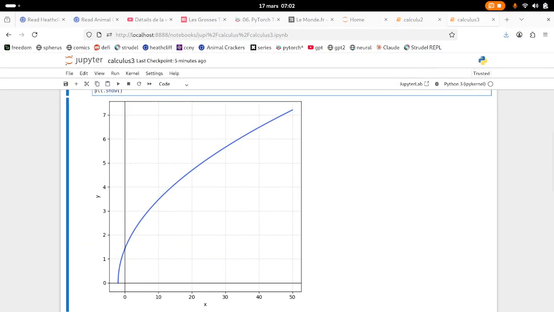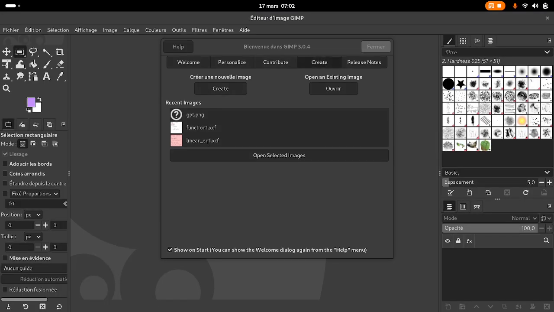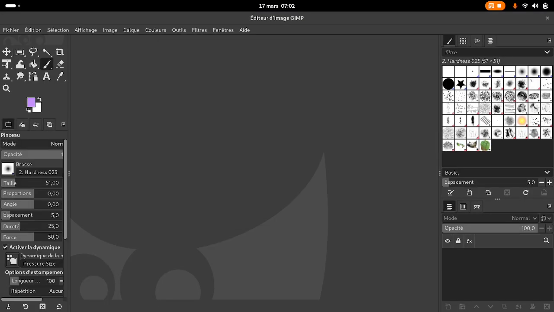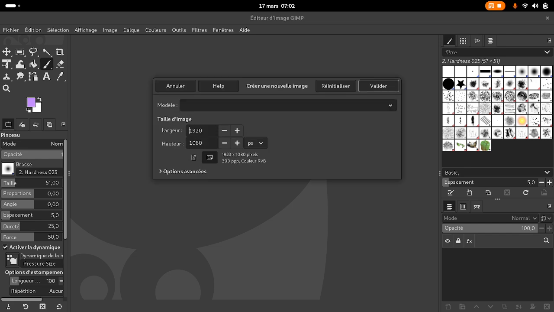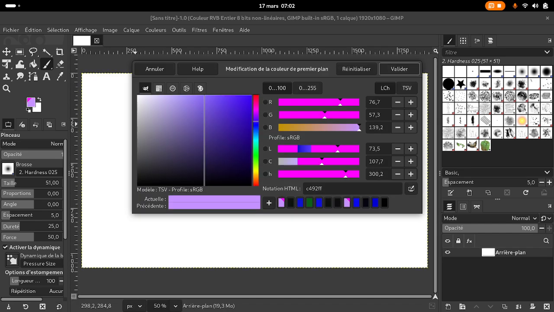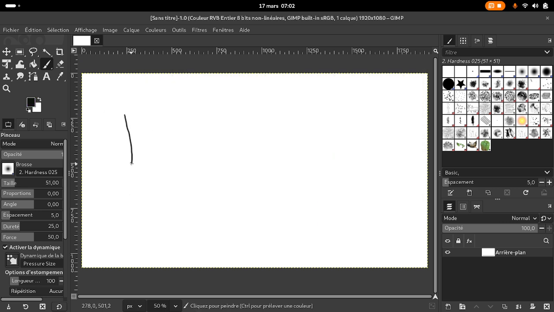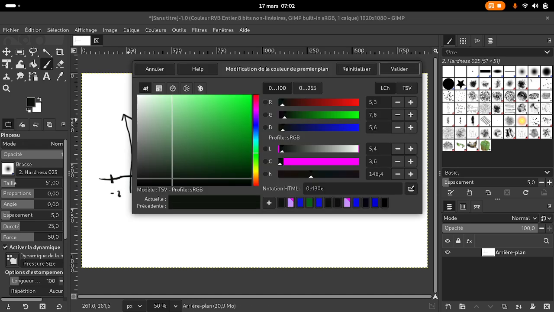I will draw it. It will be much simpler. So the first one is this, x, y minus 2, and the first function goes like this.